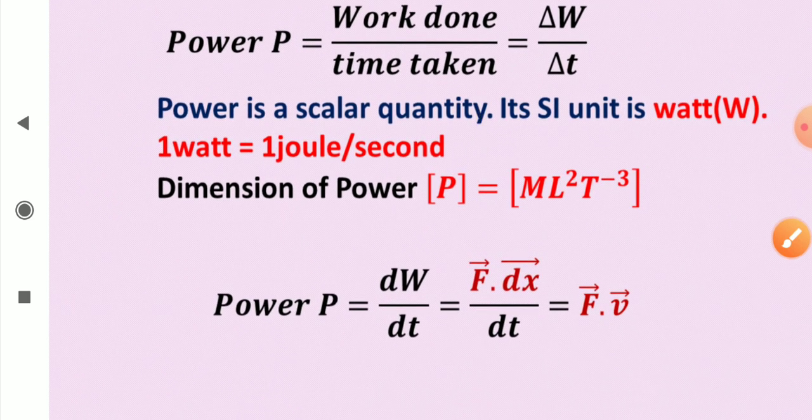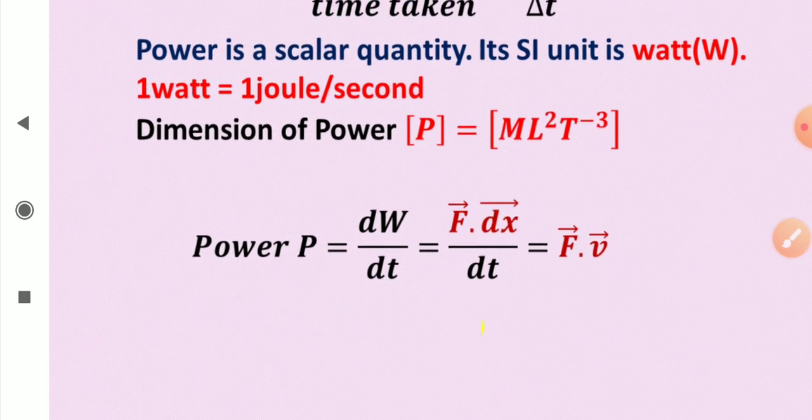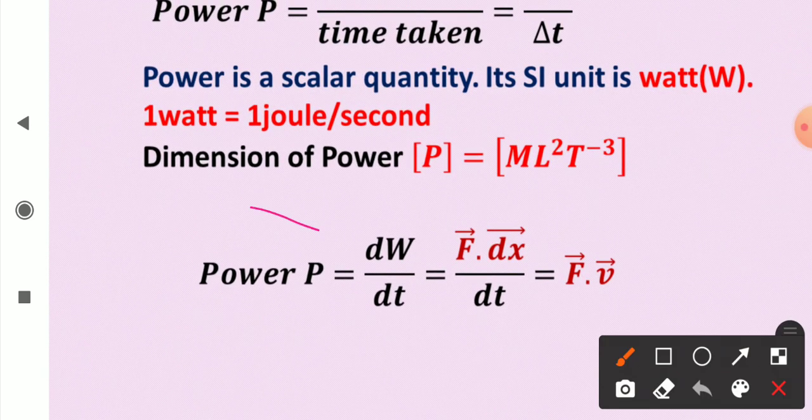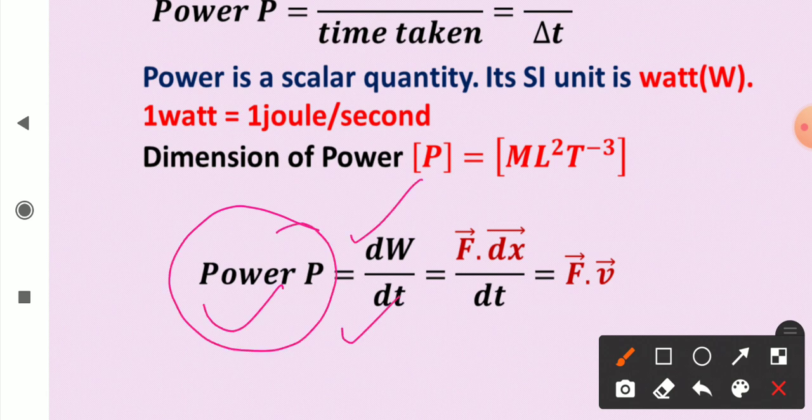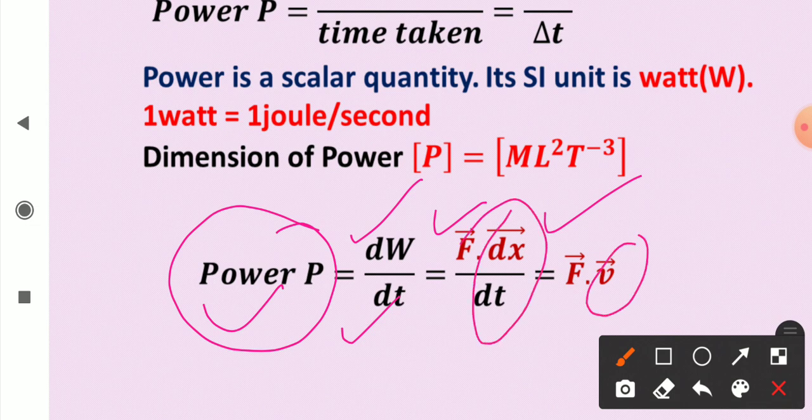And another form of power is this one. If we take the differential form, then power is the rate of doing work, dW by dt. Now dW is force F dot dx, the displacement, and displacement per unit time, dx upon dt, is velocity v.